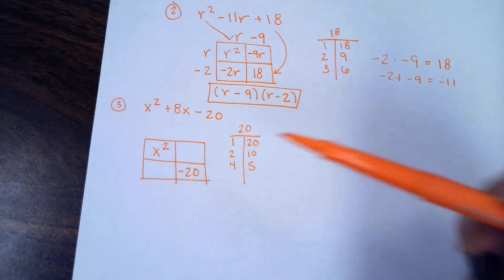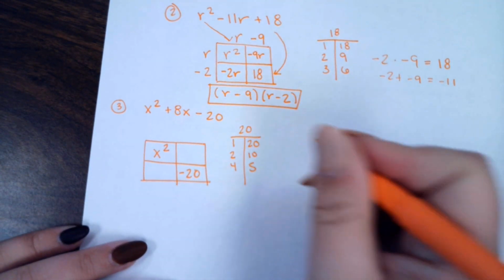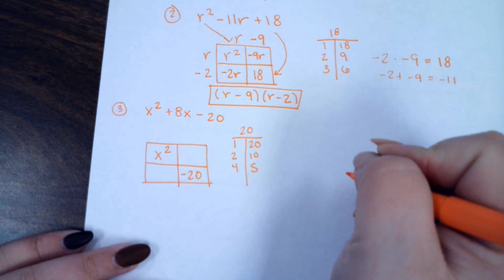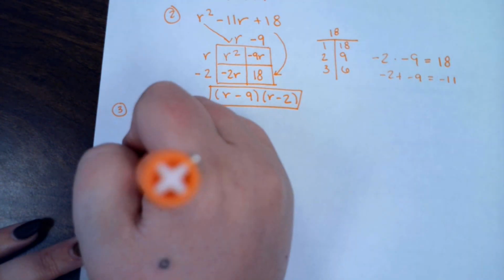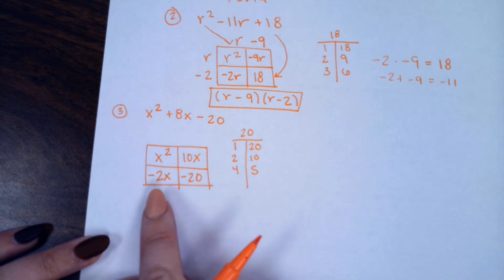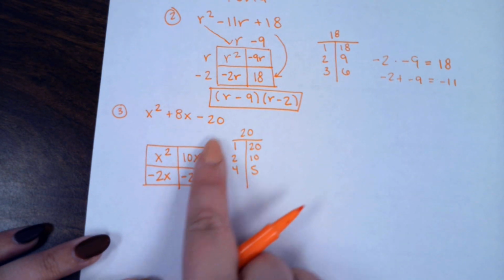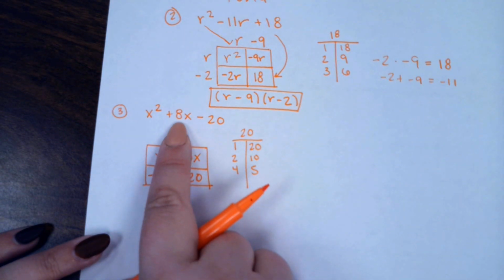How about 10 and 2? Well, if I subtract them, I get positive 8, right? So we're going to use positive 10, so that's 10x, and negative 2x. Because when you multiply negative 2 and 10, you get negative 20. When you add negative 2 and 10, you get positive 8.